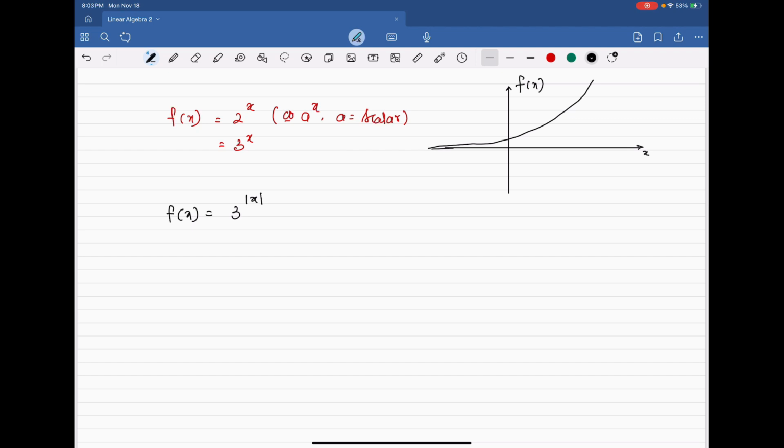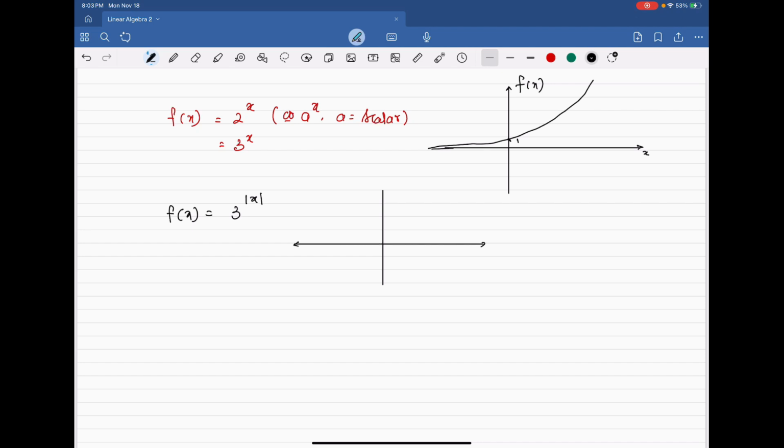Where x is equal to 0, it will be touching 1, the y-axis, function x-axis, and the value on either side of the function x-axis will be moving upwards only, increasing only.